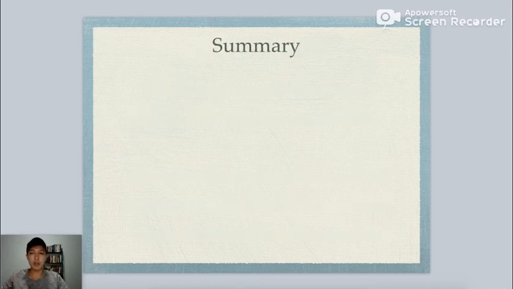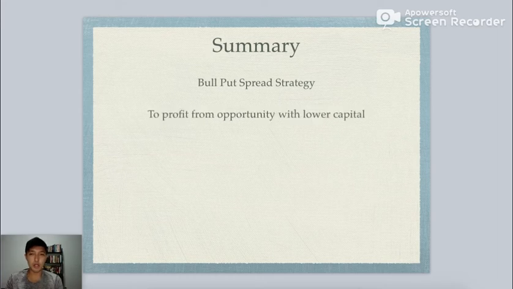It's very simple. Let me run through a quick summary of what we have gone through. We are going to do what is called the bull put spread strategy. It helps you identify a good opportunity to invest, particularly in a very big counter, a very expensive stock, where you have a low portfolio and are still able to profit from this opportunity by using put options.